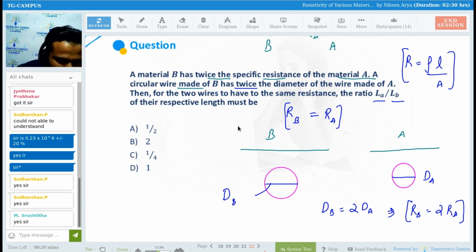From there you can find LA by LB, as simple as that. You have another 2 minutes. Tell me the correct answer, and in another 2 minutes I'll let you know.